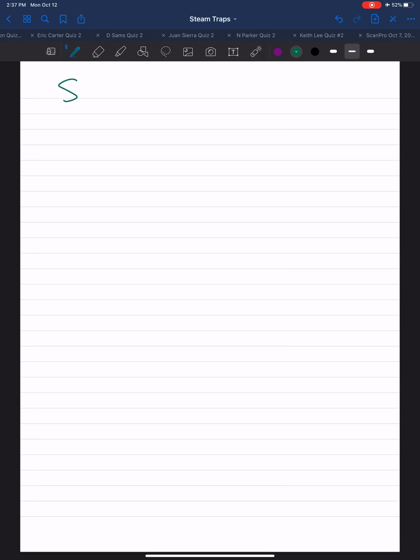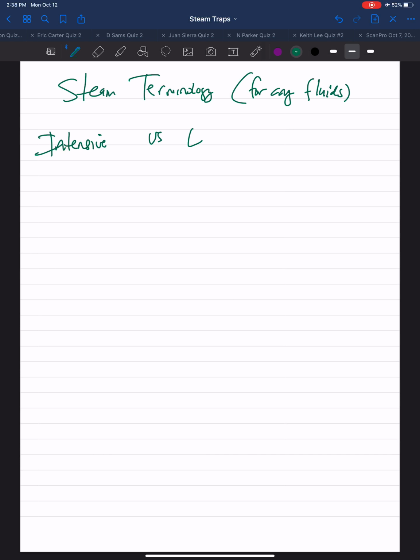So let's get down to some steam terms or steam terminology. And this is for any fluids. So we have intensive versus extensive properties.